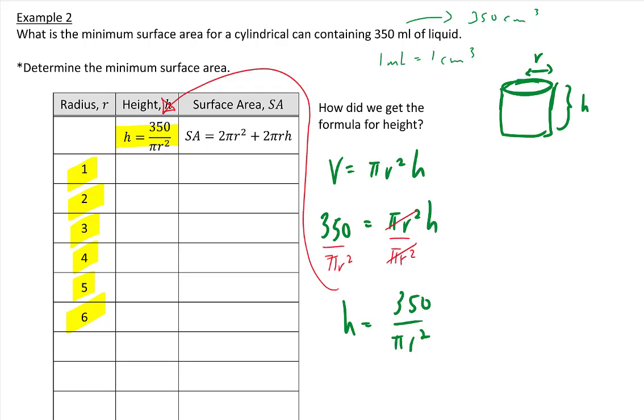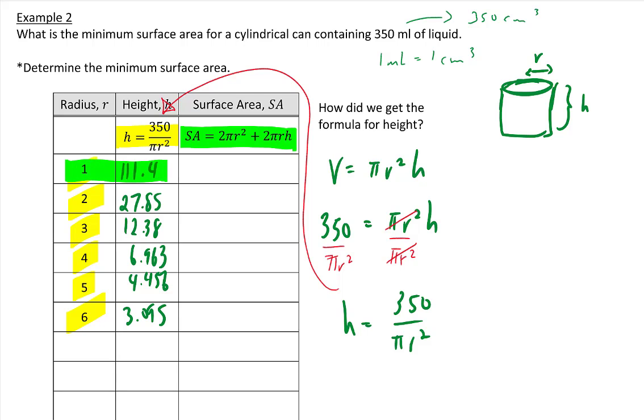Using this formula and the given radiuses on the left, let's figure out the heights for those radiuses. So now that we have the height and the radius, let's figure out the surface area to create that can.